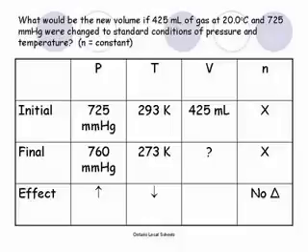Now, we have to look at predicting what will happen to our volume based on the effects of both pressure and temperature, and you really need to treat those individually. Our number of moles of gas stays the same, so there's no effect due to that. Now, in this case, and this is a rather interesting case here, an increase in pressure, if we look at Boyle's law, would indicate that the volume should decrease.